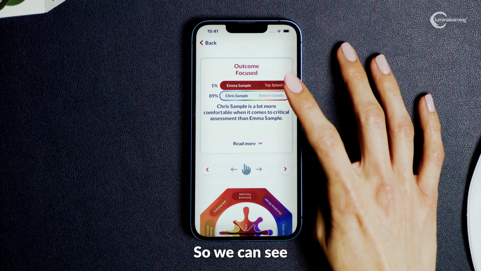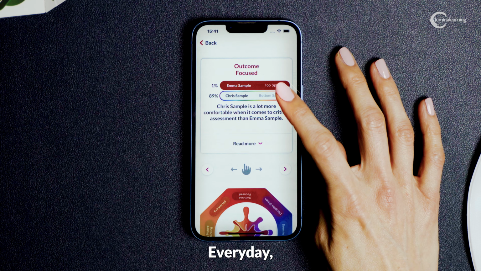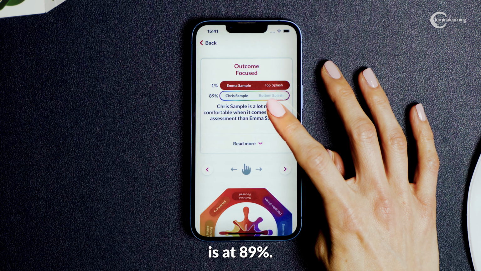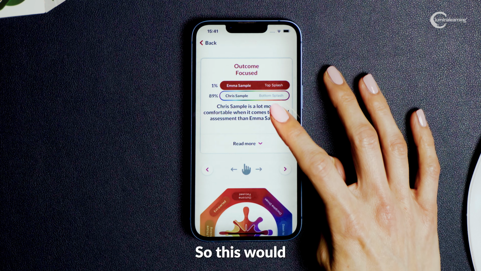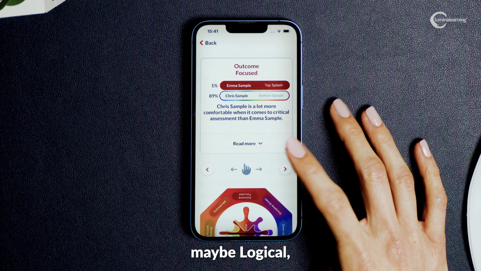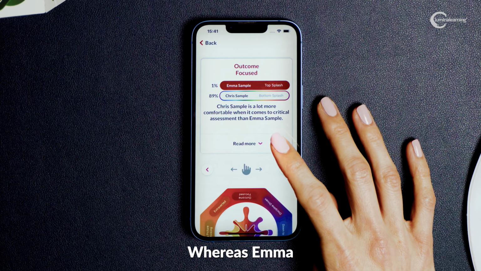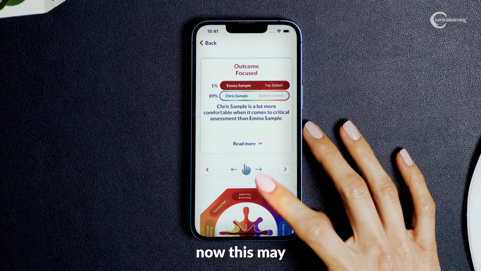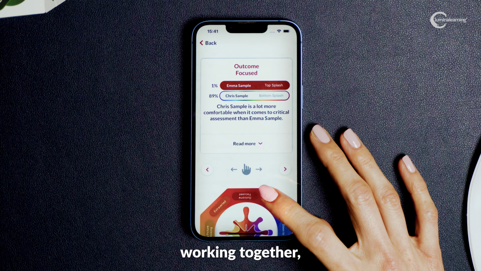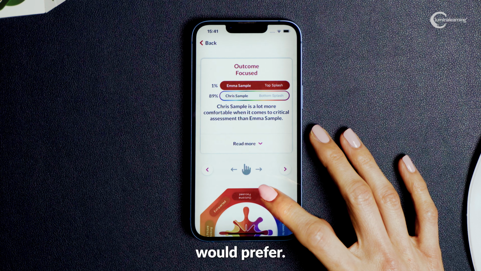So we can see that Emma has claimed only about 1% outcome focused in her everyday, whereas Chris is at 89%. So this would tell us that Chris has much more of a preference for being maybe logical, a little bit competitive, even quite tough, whereas Emma really does not have a preference for this. Now, this may mean that when they're working together, Chris's style is a bit more blunt than Emma would prefer.